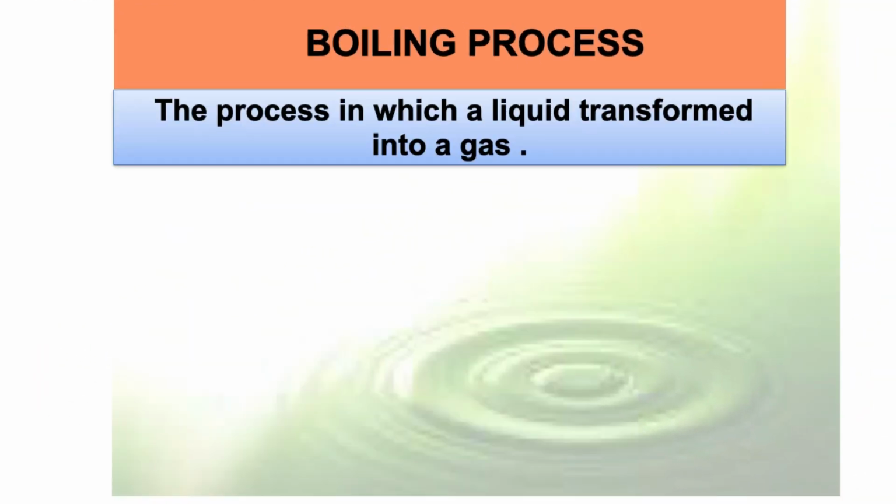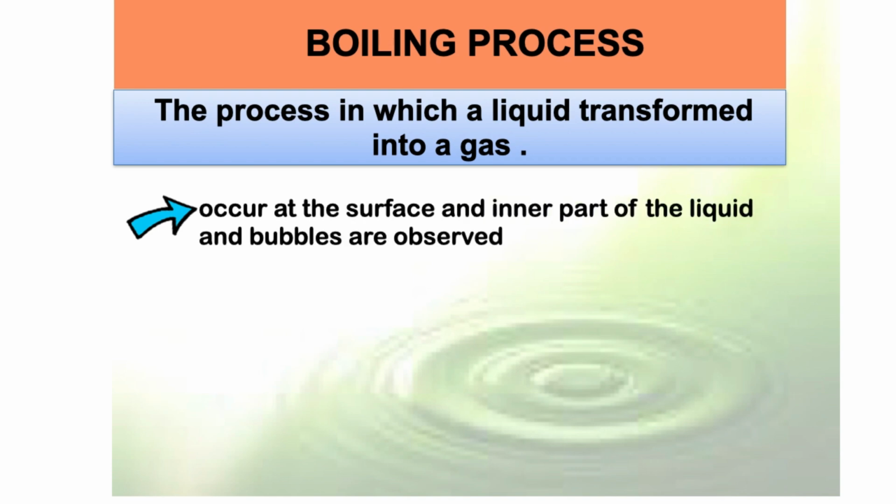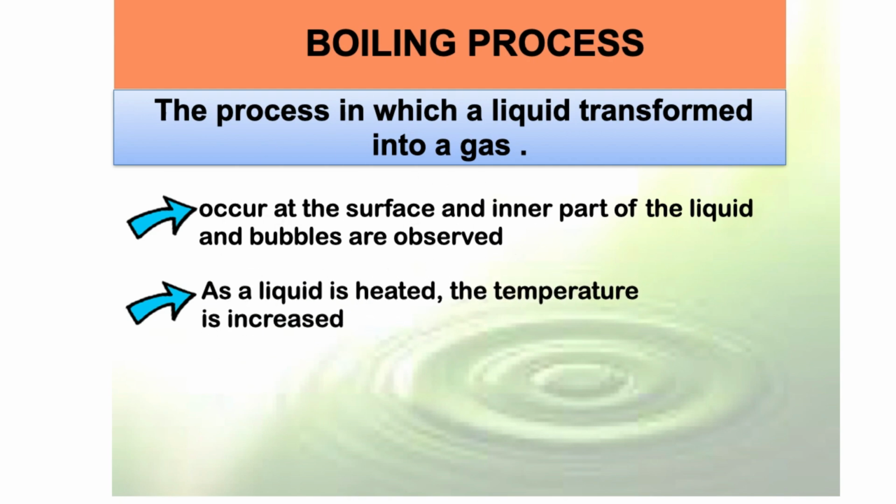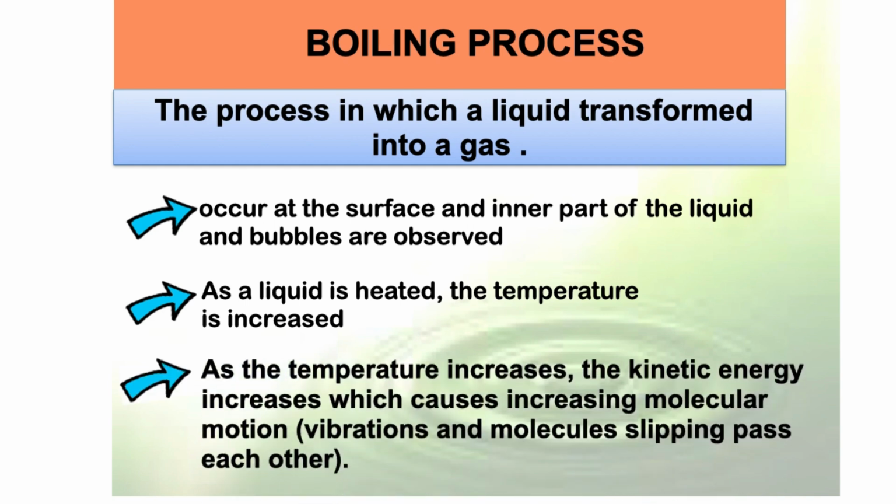Boiling process. How does the boiling process occur? The boiling process occurs at the surface and inner part of the liquid, and you can see bubbles. As the liquid is heated, the temperature is increased, and the kinetic energy and also molecular motion will increase.